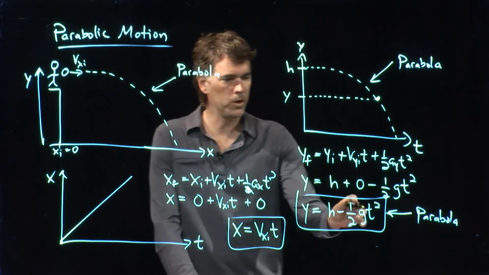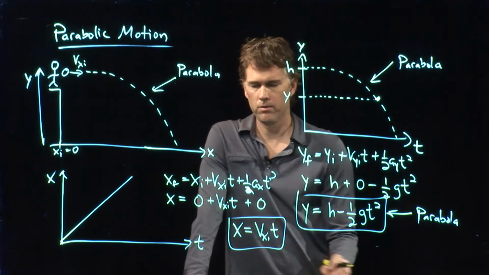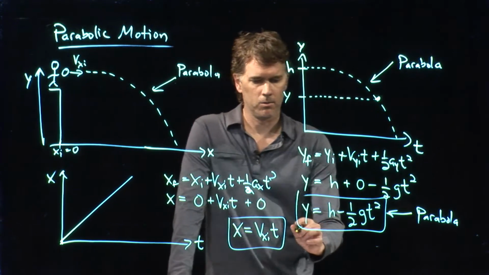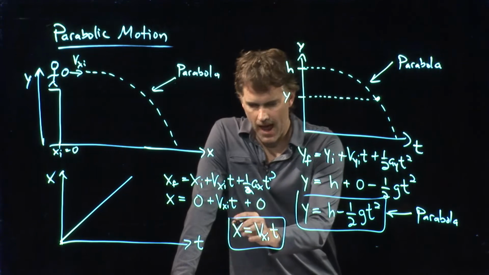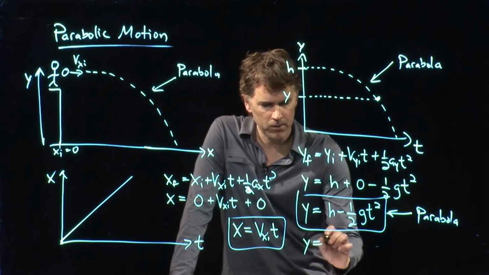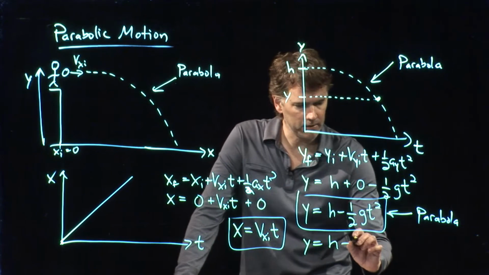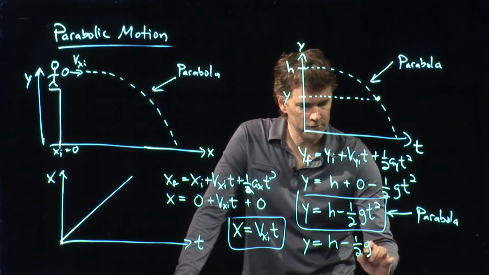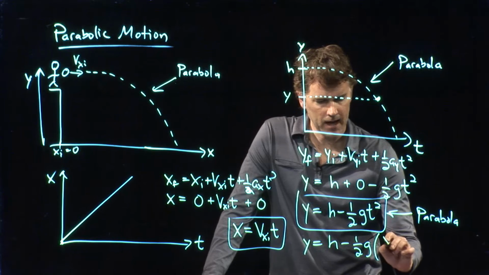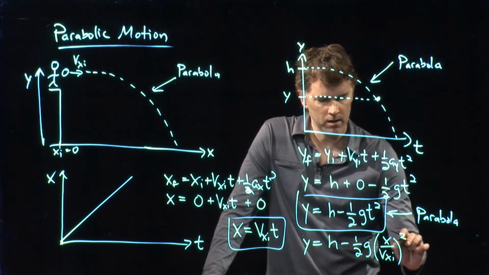And so, in fact, we could replace this t over here with x. Let's do that. We can see really quickly that t is just x divided by vxi. So I could rewrite this whole equation: y is equal to h minus 1/2 g times the quantity x over vxi, squared.